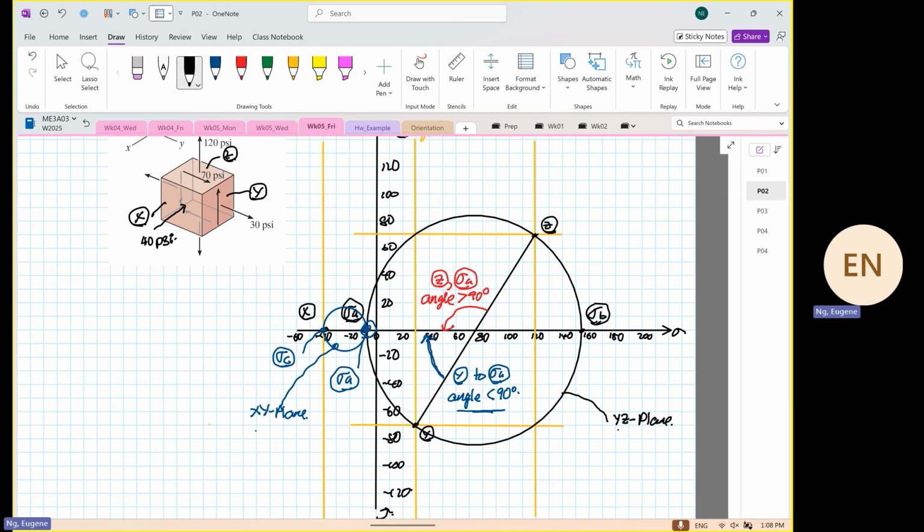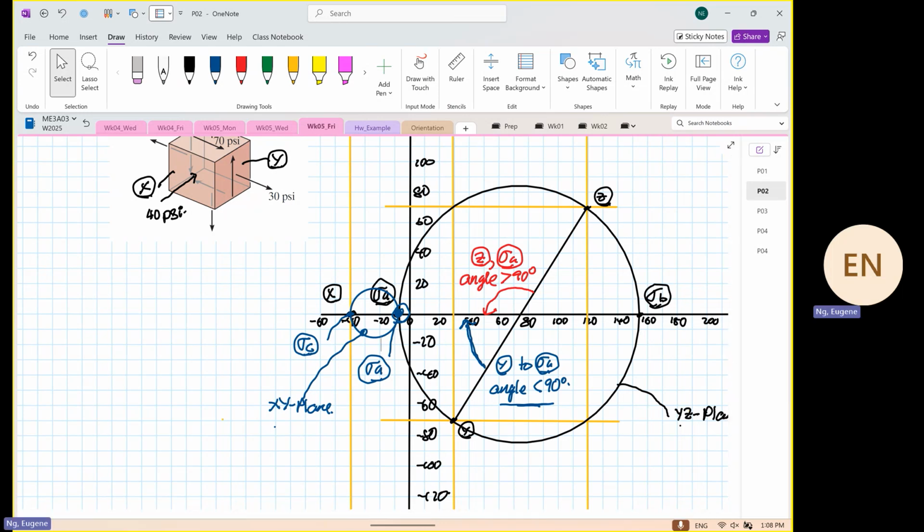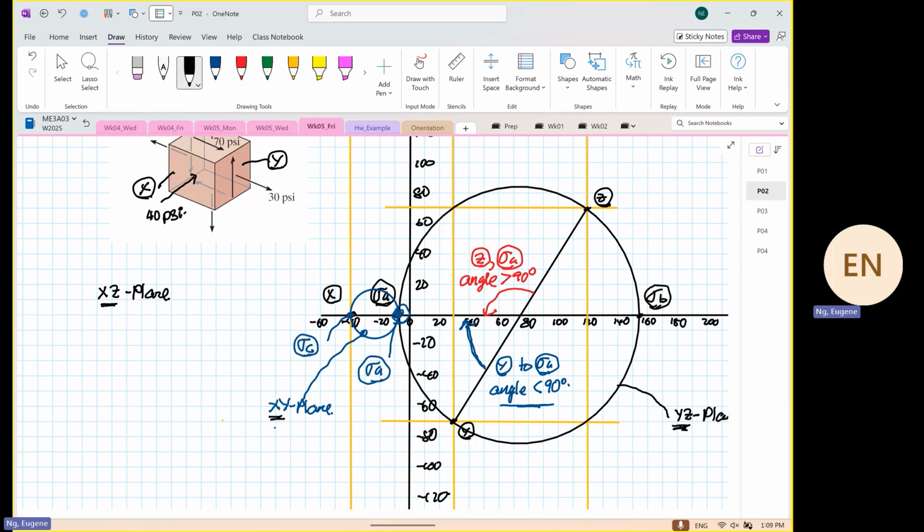Okay. And the last thing, there is another circle we're going to draw. The last circle that we are going to draw is a big circle. So we are going to calculate the last circle, which belongs to the XZ plane. Because we have the YZ plane, we have the XY plane, we still don't have your XZ plane.